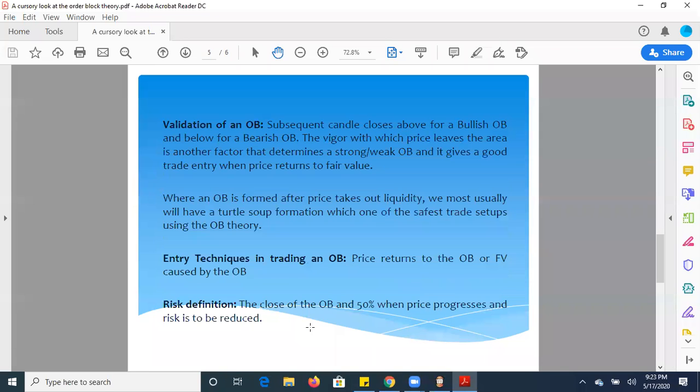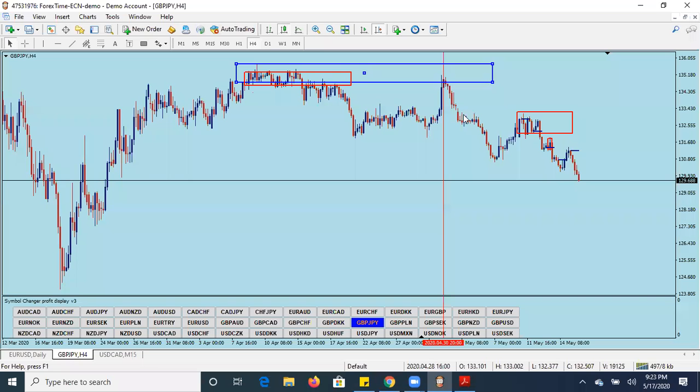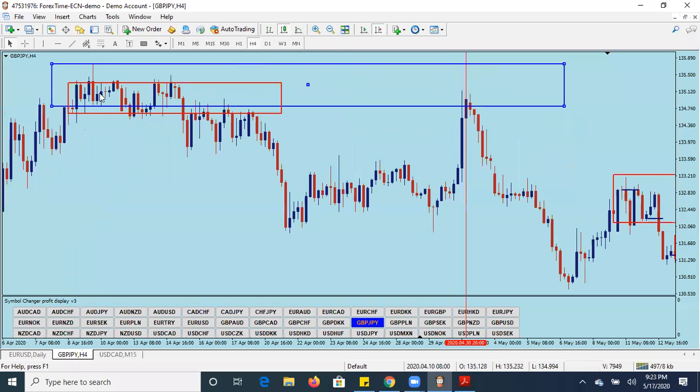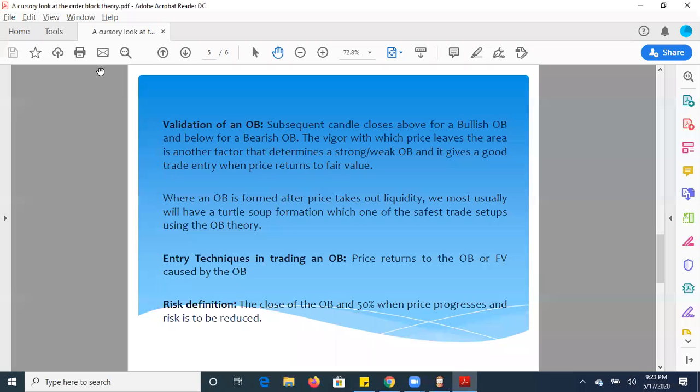So we're done with this, right? So an order block, if you remember the first definition, is actually, let's go back here, magnify this a little. The order block is this candle. The candle itself is the order block, right? So what validates it as a bearish order block or a bullish order block, as the case may be?